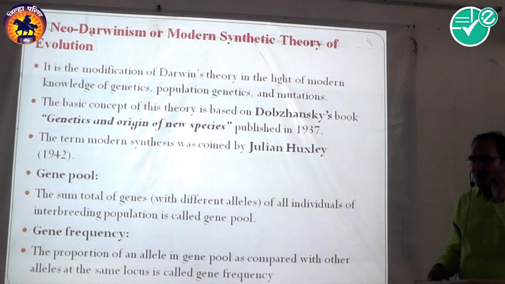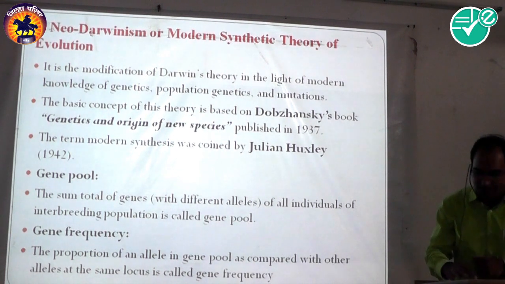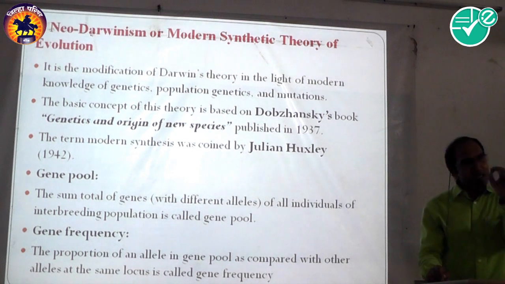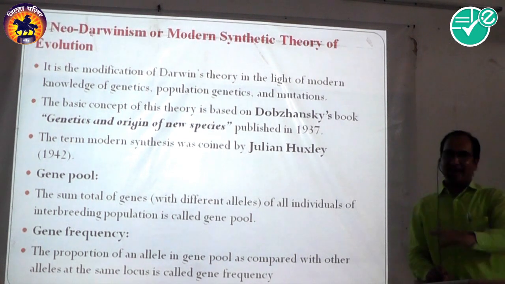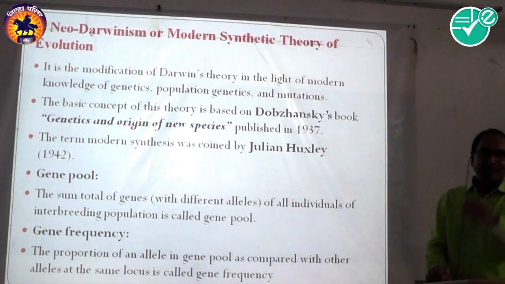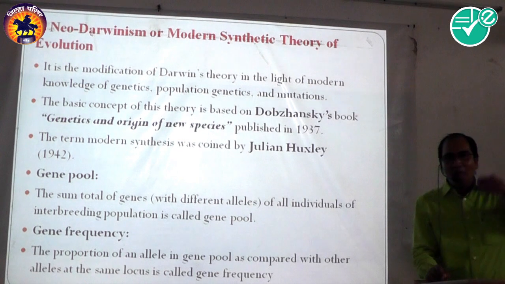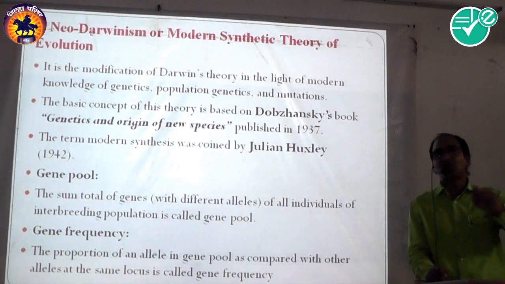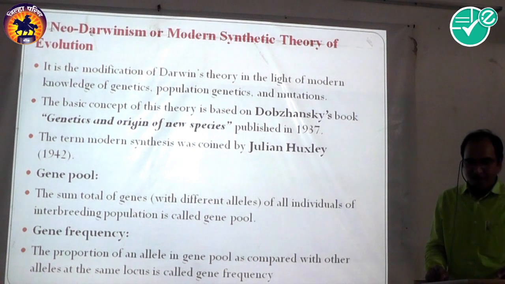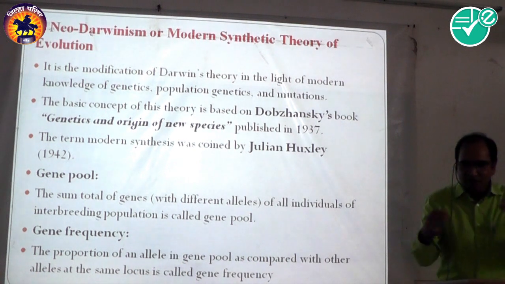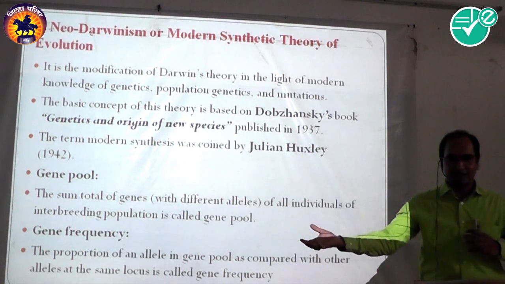My friends, we know that we have 46 chromosomes, that means 23 pairs. On each chromosome there is a presence of genes. For each character there are 2 alleles. We have many characters, and to control these characters there are many genes. The sum total of genes in one organism is similar to the other organism.